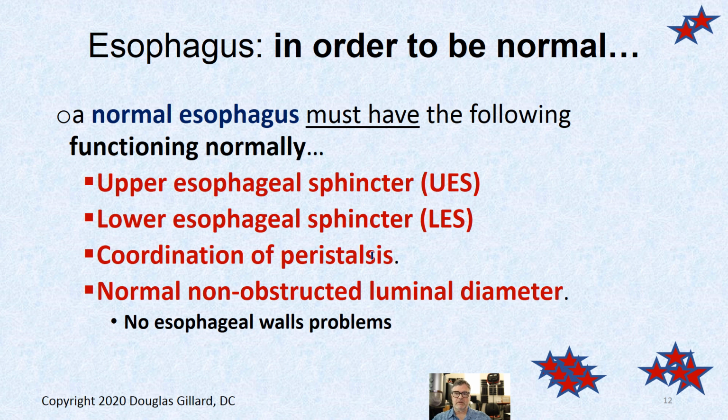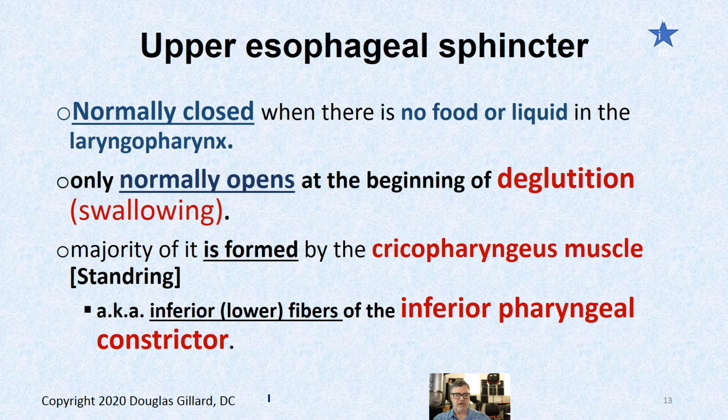And then you have to have a lumen that is non-obstructed, so you can't have any tumors in there, so food can slide through. I could have added you need to have mucus, right? There has to be mucus in there to help the food slide, so your mucosal glands have to be working well as well. We'll look at those.